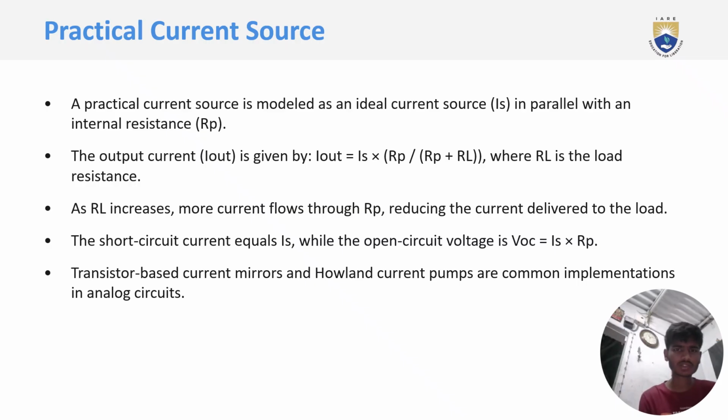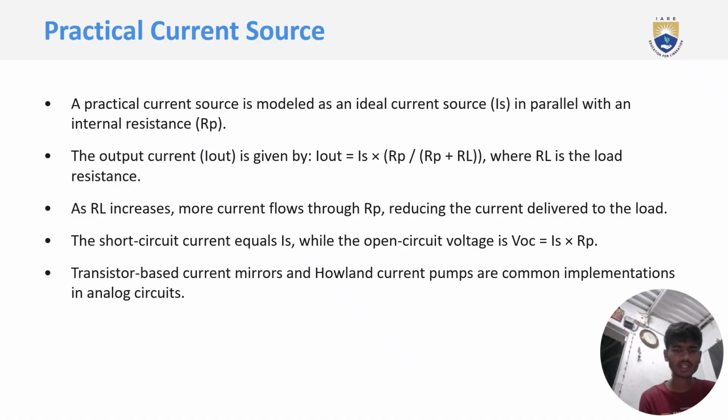Practical current source. A practical current source is modeled as an ideal current source Is in parallel with an internal resistance. The output current is given by Iout equals Is times Rp divided by Rp plus RL, where RL is the load resistance.